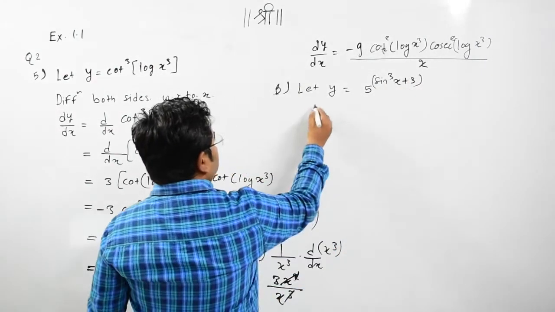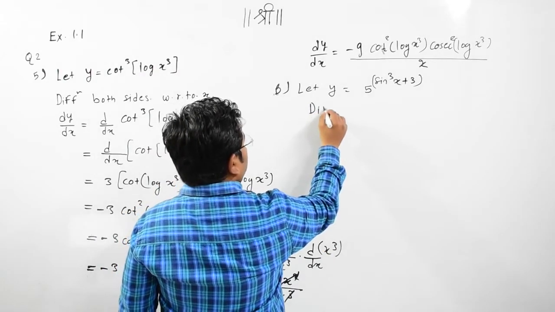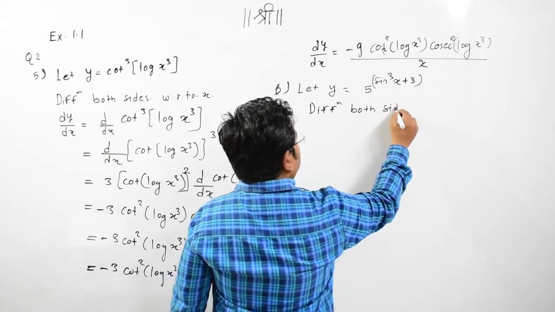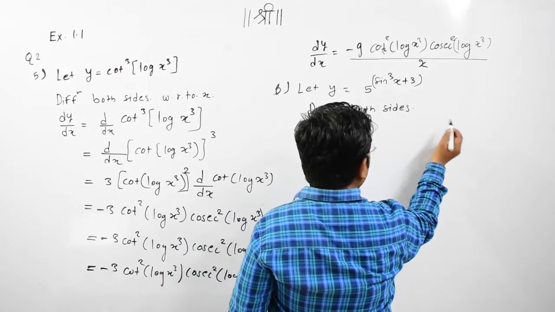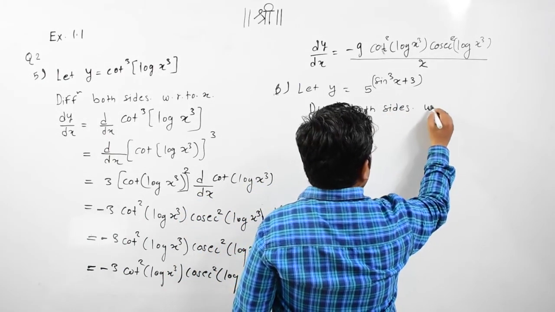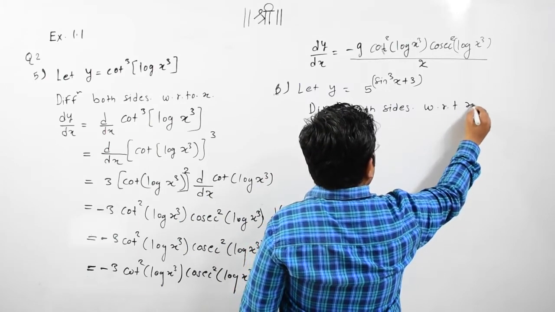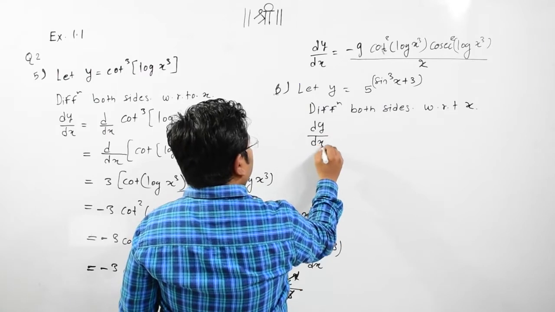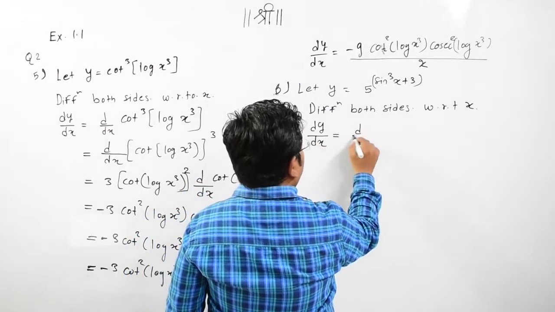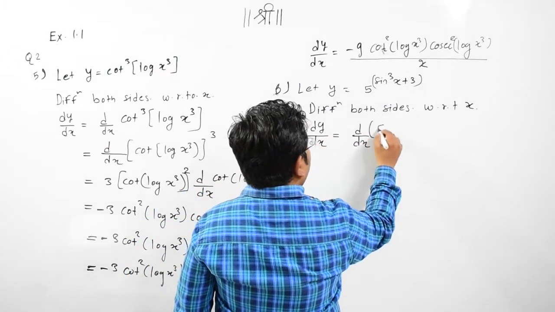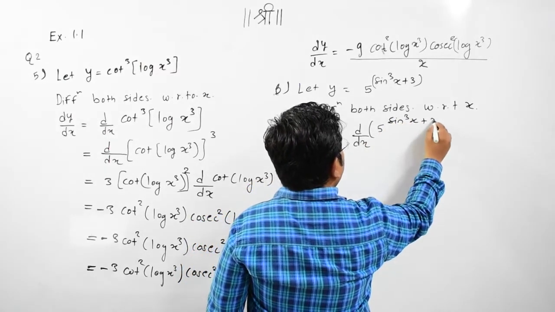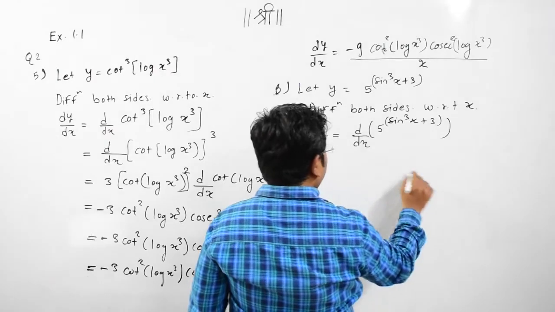Now differentiating both sides with respect to x, we will have dy upon dx is equal to d upon dx of 5 raised to (sine cube x plus 3), bracket complete.